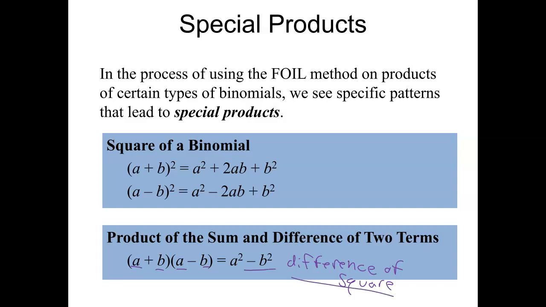When we need to factor this, you can't do it unless you know that connection. You can, but it takes a lot more mental gymnastics to get there. So knowing the difference of squares is almost essential for factoring it back into a product of a sum and difference of two terms. So we've got to know these special products.